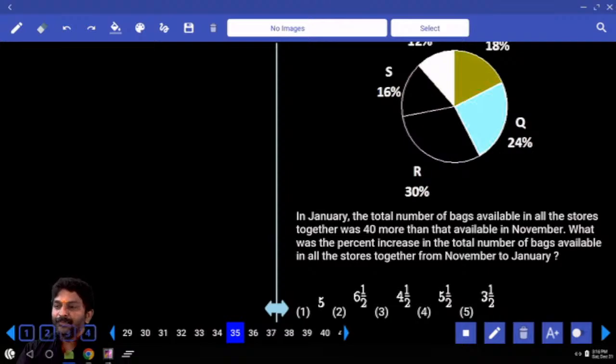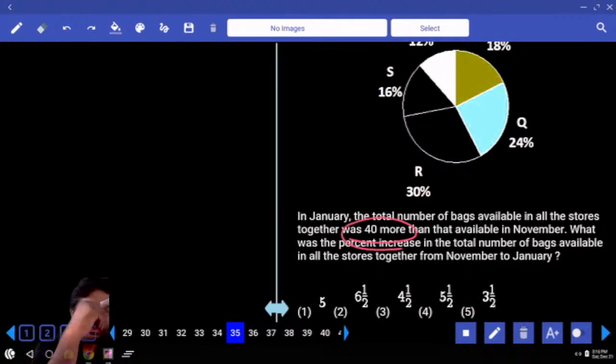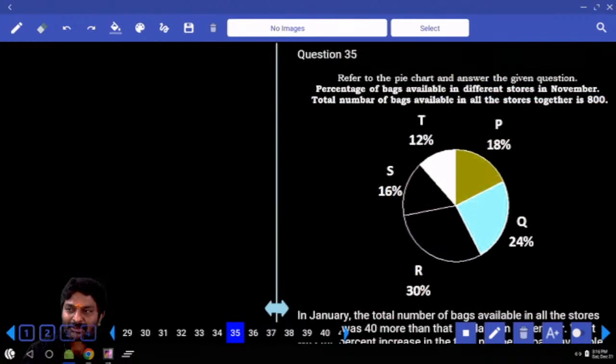All stores, right? How many more are we getting? You know that total is equal to 800. If it is increasing by 40, it should be percentage 5% direct. Yes.